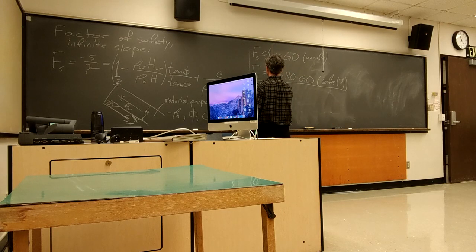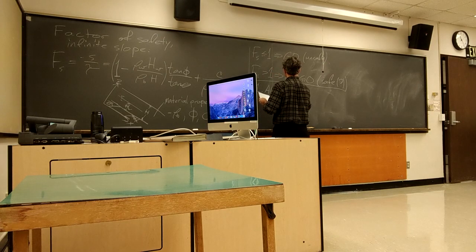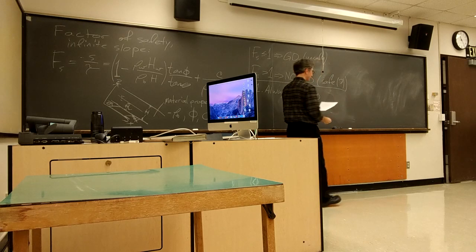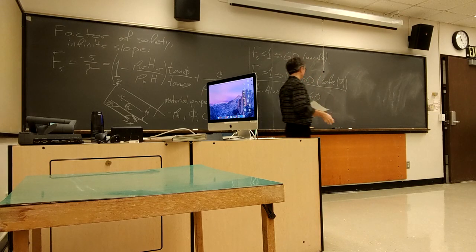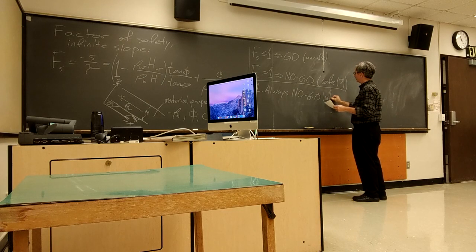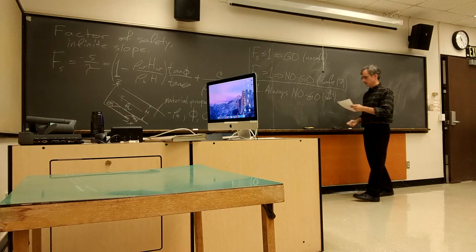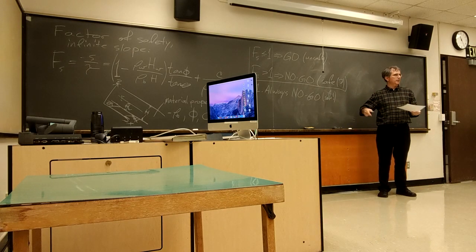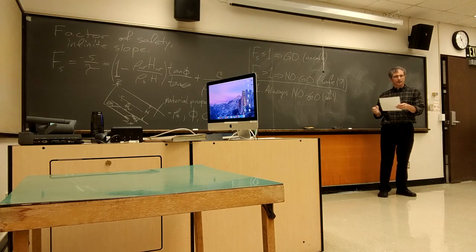So first we'll talk about the always no-go case. Sometimes known as unconditionally stable. Even if I've got zero cohesion, even if my soil is saturated up to the ground surface, the slope angle is small enough for stability.